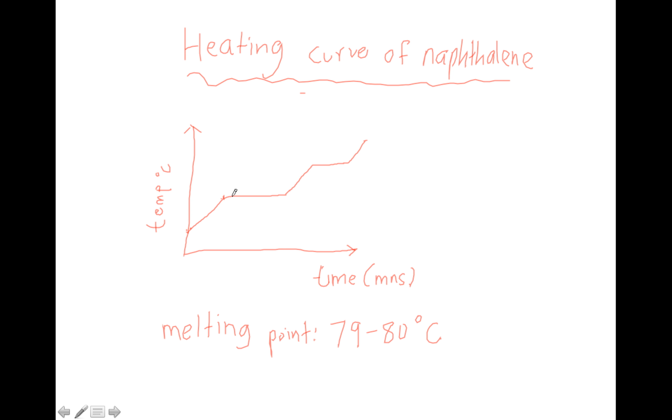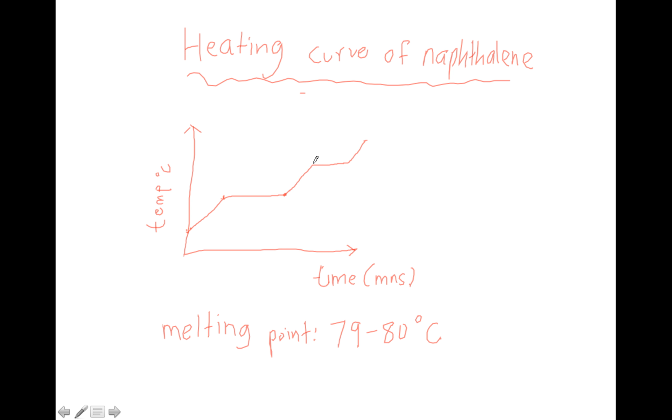When does it exactly become a liquid? It becomes a liquid at the end of this process. So at the end of this line, naphthalene is now a liquid. Now temperature further increases. Does naphthalene become a gas yet? Not yet, students.